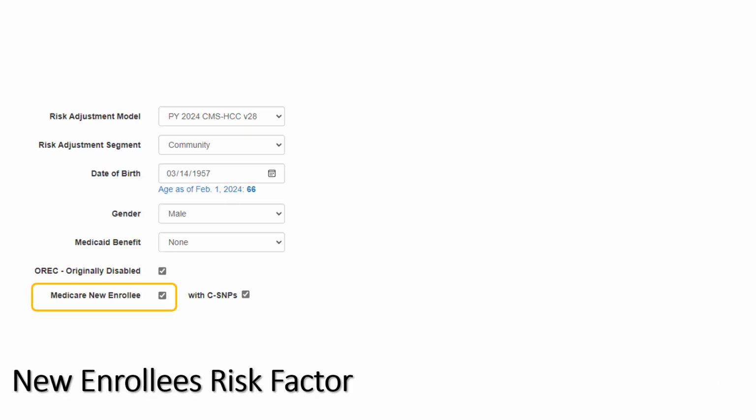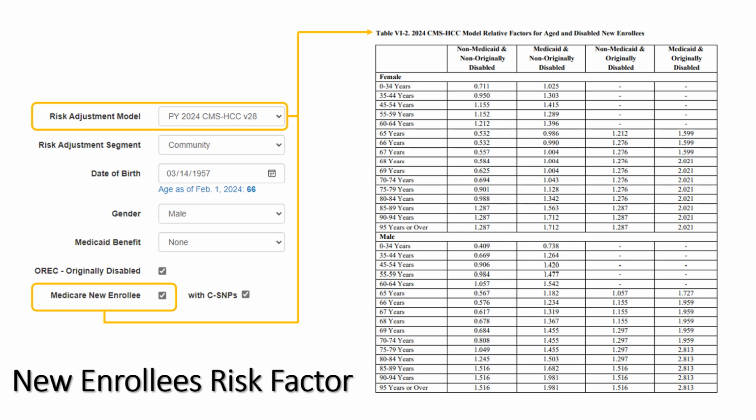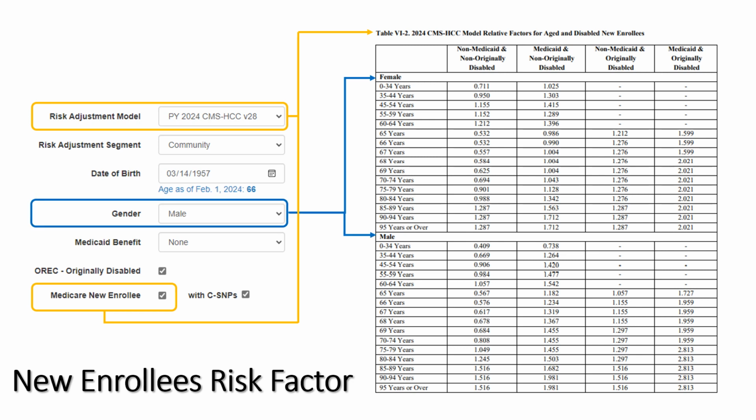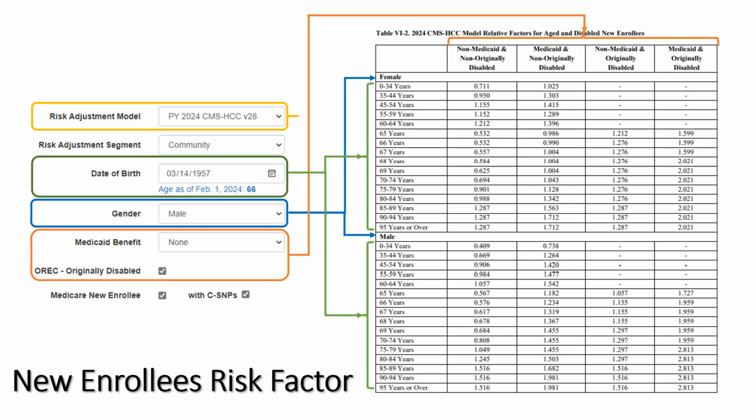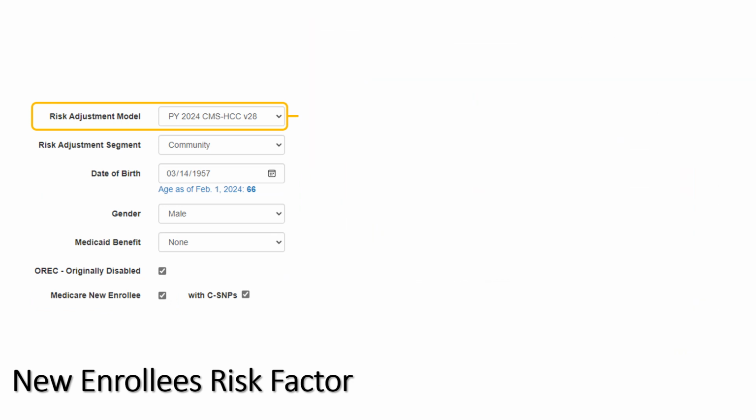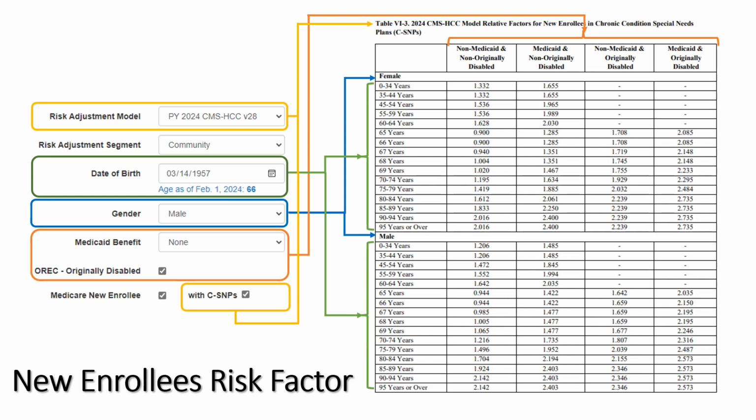New enrollee model segments are used for aged and disabled beneficiaries who are new to Medicare or do not otherwise have enough diagnoses to calculate a risk score, operationalized as those who do not have 12 months of Part B in the data collection period. These new enrollee risk scores do not use diagnoses to predict costs and use demographic factors only. There is also a segment for aged and disabled new enrollees in chronic special needs plans, known as chronic SNPs.